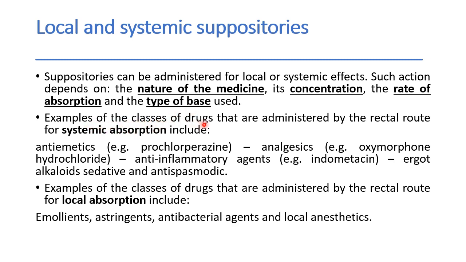Examples of the classes of medicines that are administered by rectal route for systemic absorption include antiemetics such as prochlorperazine, analgesics such as oxymorphone hydrochloride, anti-inflammatory agents such as indomethacin, ergot alkaloids, sedative and antispasmodic medicines. Examples of the classes of drugs that are administered by rectal route for local action include emollients, astringents, antibacterial, and local anesthetic agents.